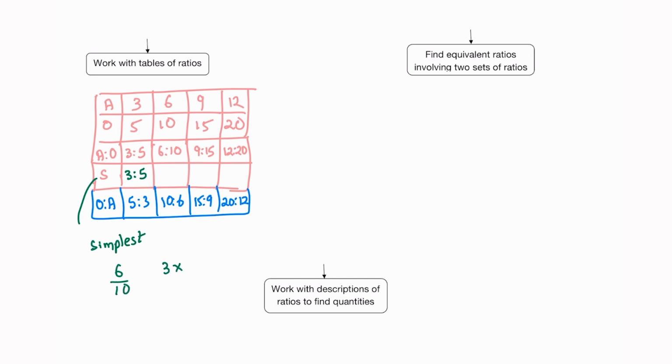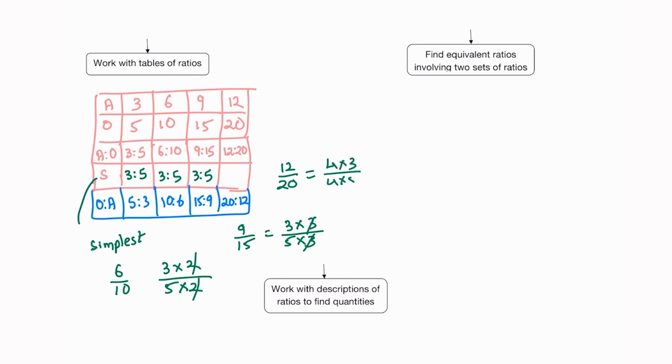This is 3 times 2 and that's 5 times 2. 2, 2 out. What are we left with? 3 as to 5. Then next, 9 as to 15. 3 times 3 and 5 times 3. 3, 3 out. 3 as to 5. 12 over 20. That's 4 times 3 and 4 times 5. 4, 4 out. 3 as to 5.